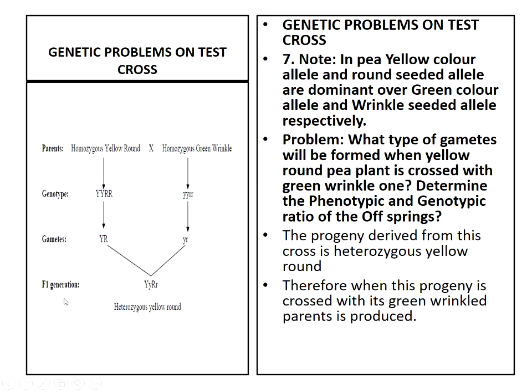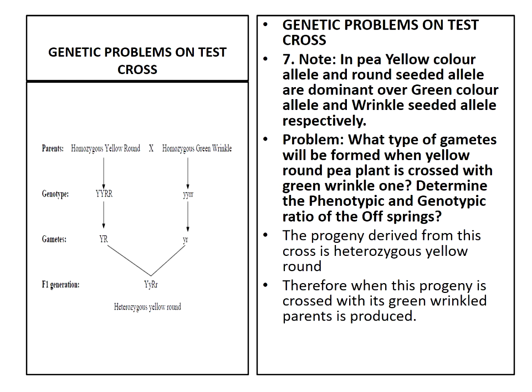In the F1 generation, we are going to observe heterozygous yellow round. That is, the progeny derived from this cross is heterozygous yellow round, capital Y, small y, capital R, small r.